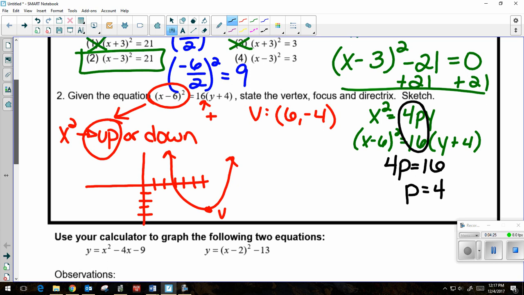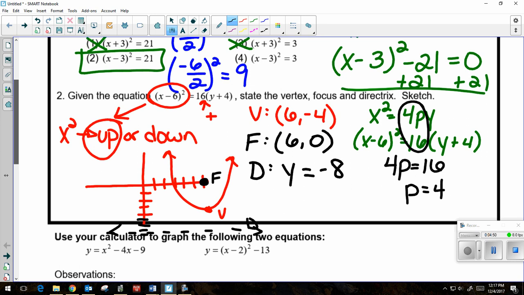And remember, p is the distance, so I'm going to count up 4 units, and I'm going to count down 4 units. So if I count up 4 units, here's my focus, and then here is my directrix. Remember, the focus is a point, x comma y. So my focus is the point 6 comma 0, and my directrix is the equation y equals negative 8.